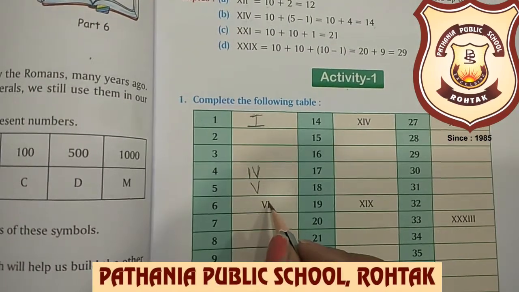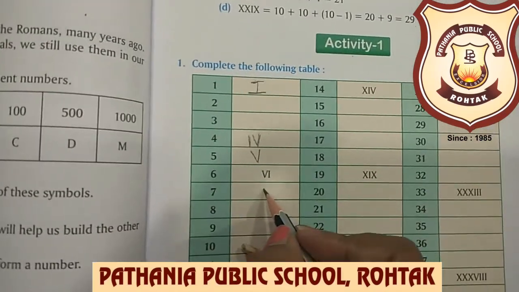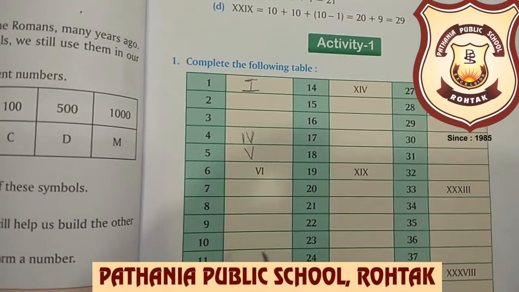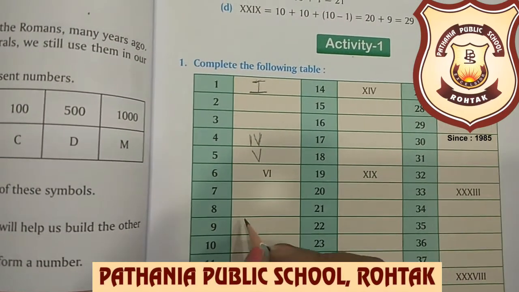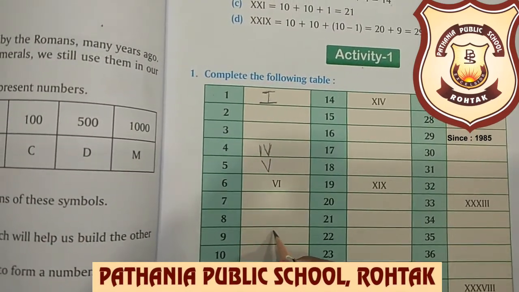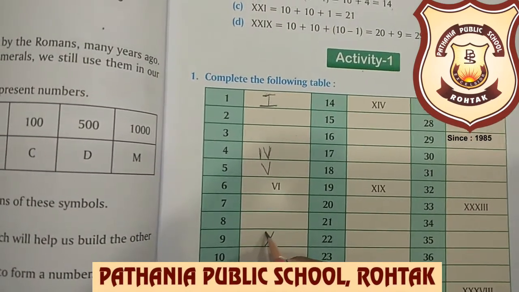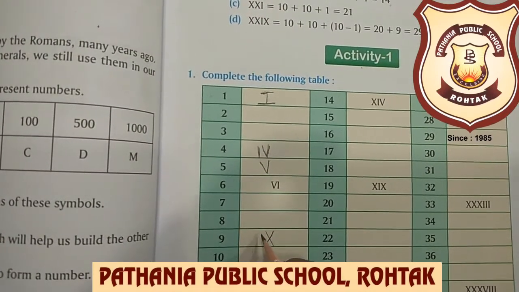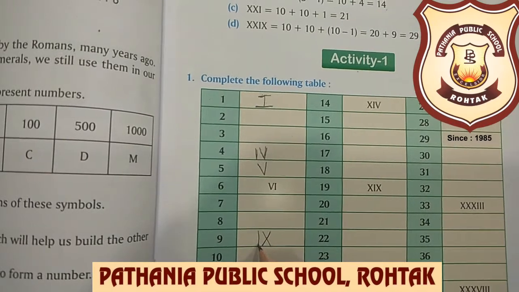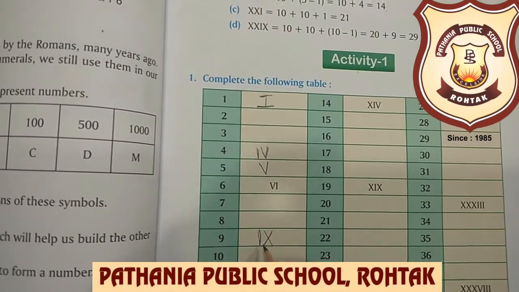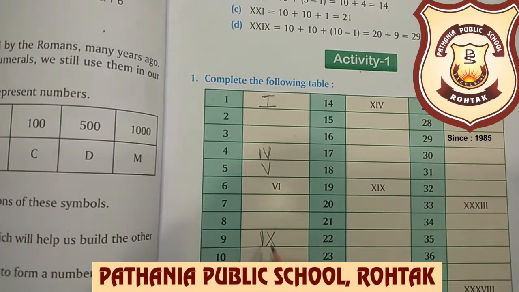Now V is 5. Now VI is 6. 7 will be VII. 8 will be VIII. Now again for 9 beta, we can't repeat a symbol more than 3 times. So again we will follow the rule. First we will write X. X is 10. Now for 9 we need to subtract 1 from 10. So we will write I on the left side of X. So now it is IX and it is 9.